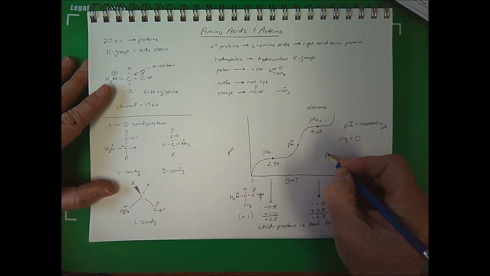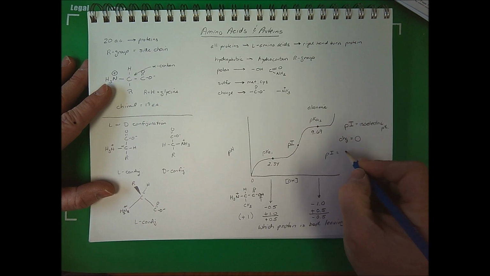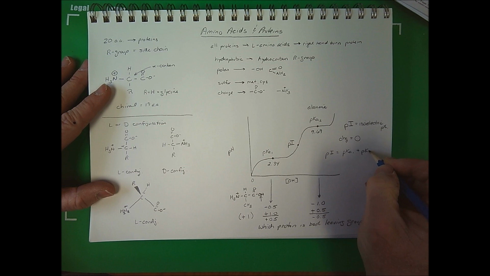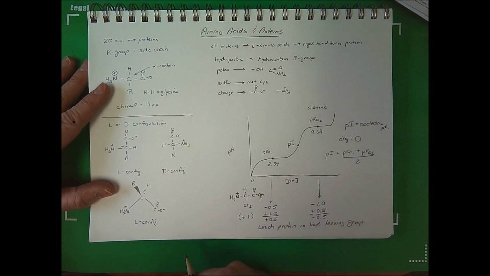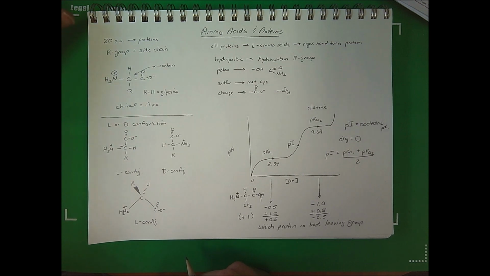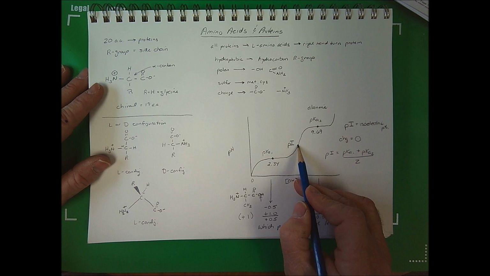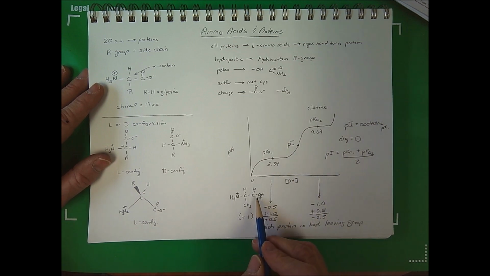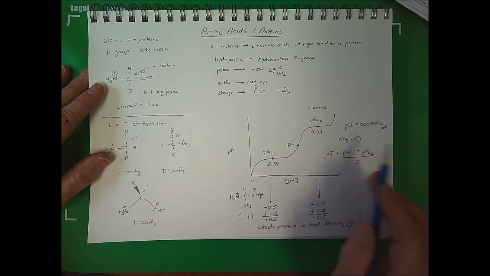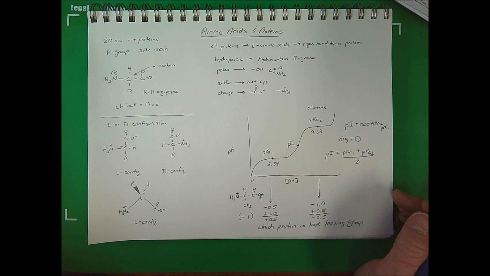So the pI equals the pKa1 plus pKa2 divided by 2. And at this pH, we have an equal balance of the positive and negative charge, which will lead to an overall charge on the molecule of 0.